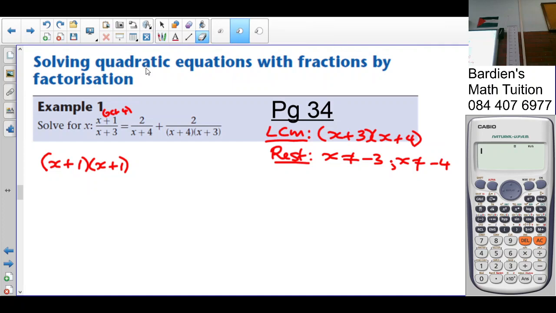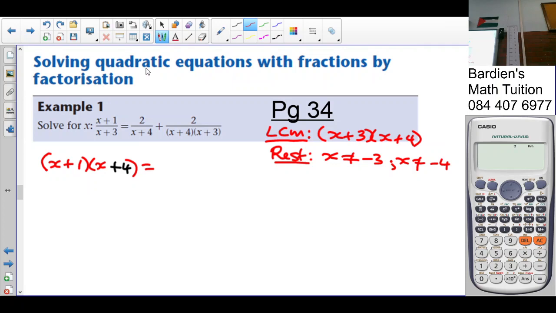The second fraction is short of what in the denominator to get the LCM? X plus 3. So if you multiply x plus 4 by x plus 3, 2 must also be multiplied by x plus 3. Sir, so I multiplied by x plus 1, so it's supposed to be x plus 4, no? Yeah, my mistake, should be a 4. So what must x plus 4 be multiplied by?